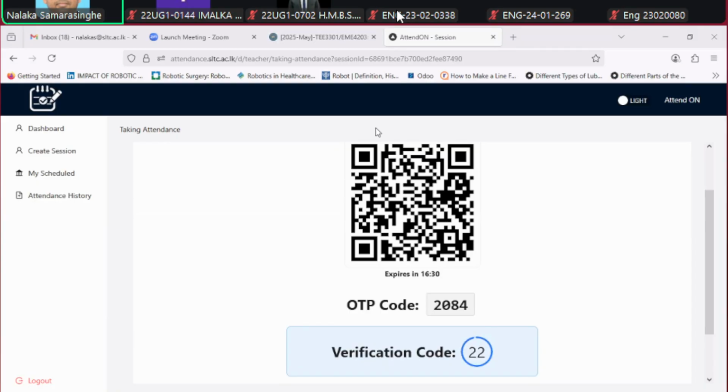The other groups, 26 A and B, will be having it in the week after next. Yes, it's going to be a physical exam.